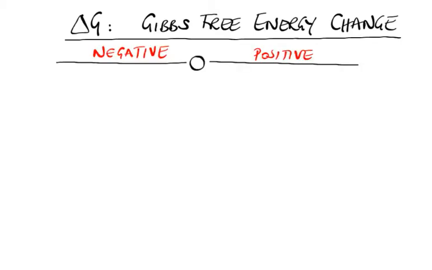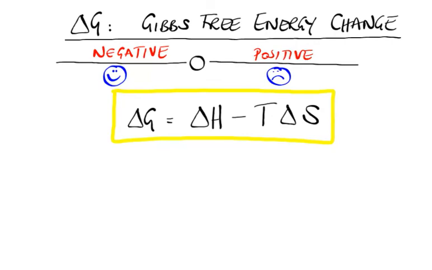To decide this, all we need to do is look at the sign of delta G. If delta G is positive, that means the reaction will not take place, whereas if delta G is less than 0, then our reaction is said to be feasible. If you haven't come across the expression yet for delta G, it's represented by delta H minus T delta S.